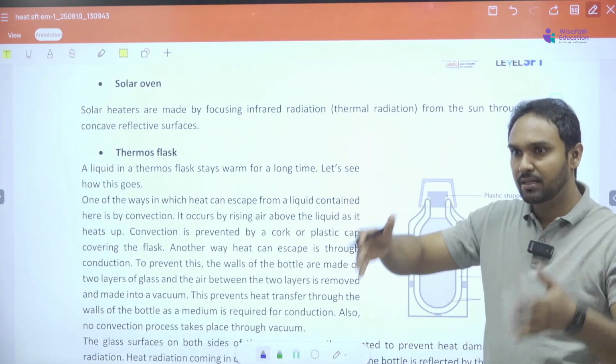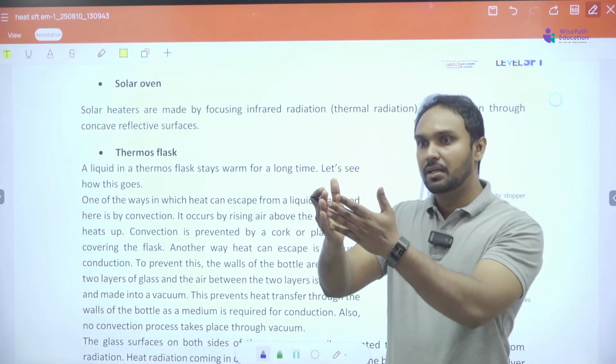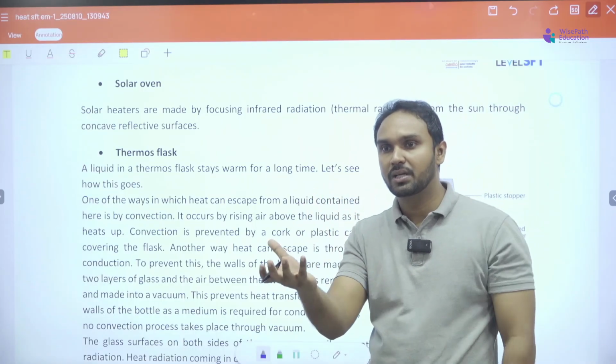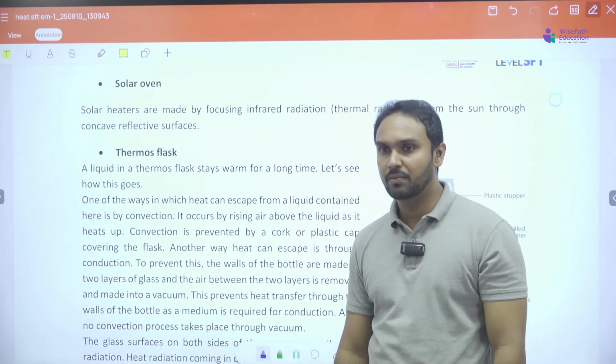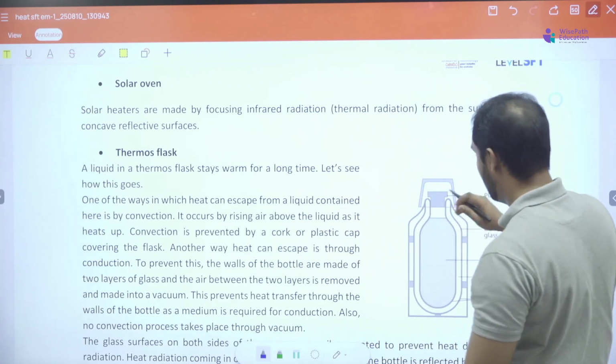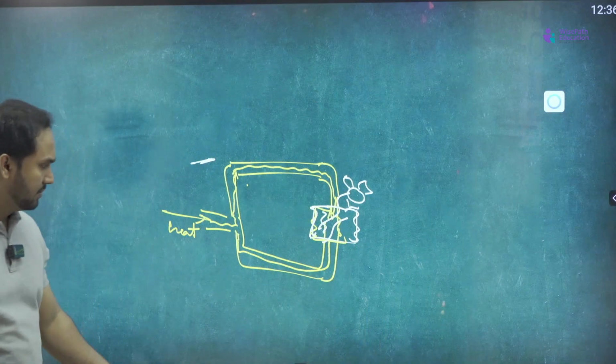So when the sunlight hits the mirror, all the heat is reflected to the center, so you can put a container there to heat things. If you want to heat the water and everything, haven't you come through that theory? Never? It was there in grade 7, 8 or something.